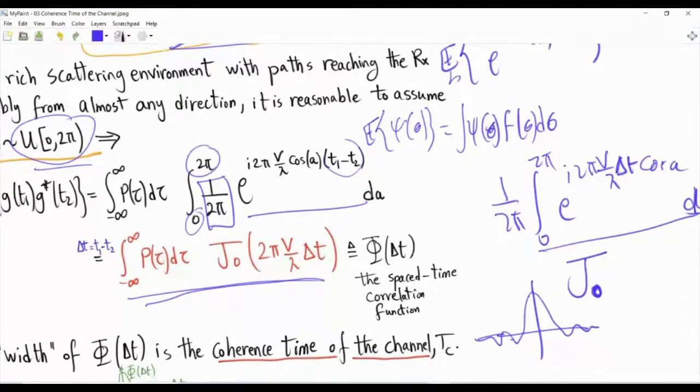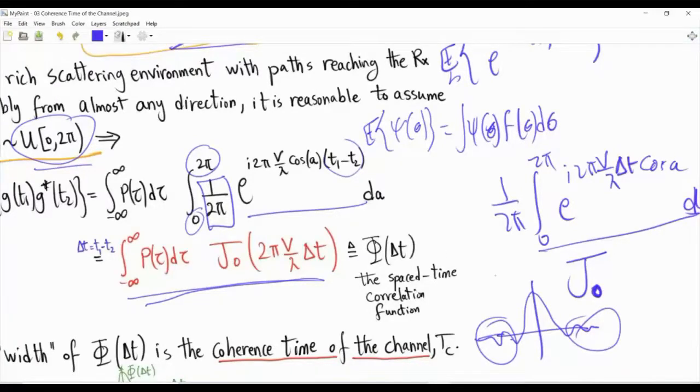And so they typically have a main lobe, and maybe we have some oscillatory behavior for large arguments of the correlation function, but with a small correlation. Okay, so it basically never goes back to high correlation again.